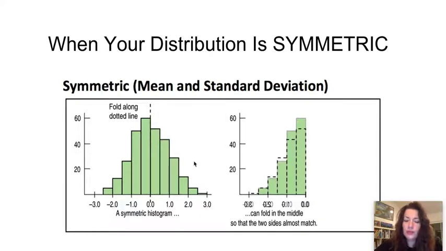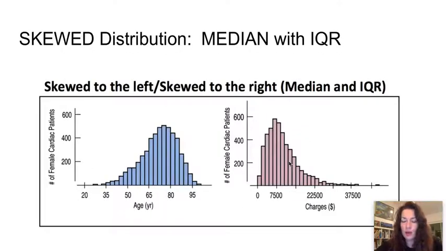Now, when your data is approximately symmetric, we always use the mean and we pair that up with the standard deviation. So symmetric data use mean and standard deviation. Now, what happens when your data is skewed? If you could imagine drawing that little curve above this histogram, the tail of the curve would be slightly going to the left.